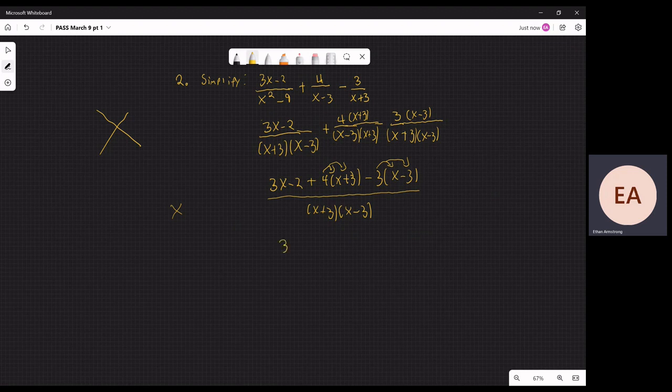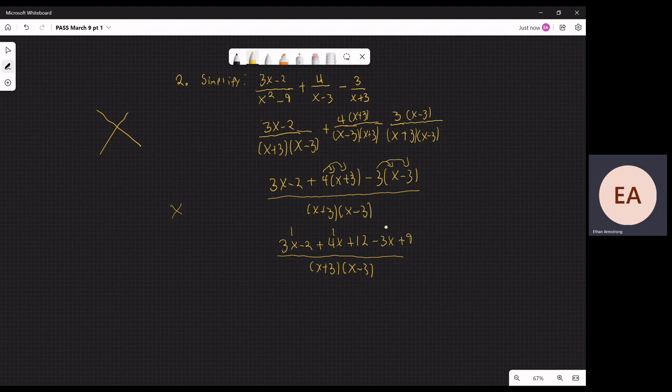And now that all these terms have the same denominator, we can put them all over the same denominator. Now we just collect like terms.